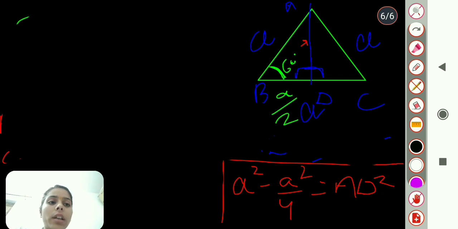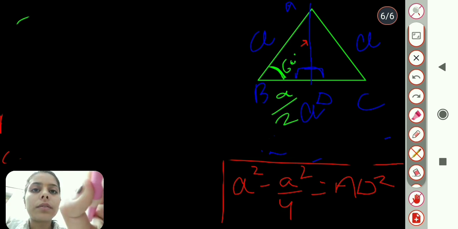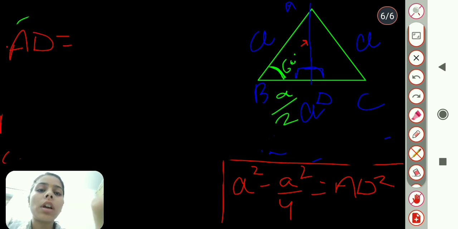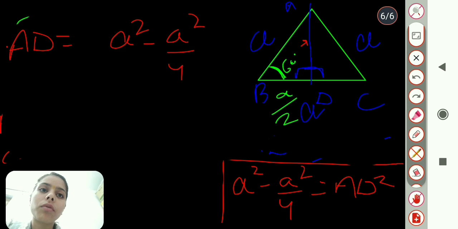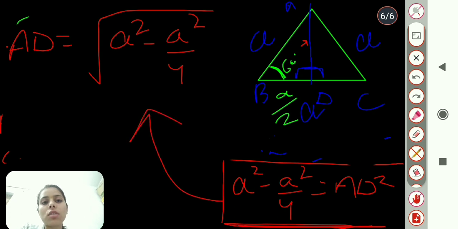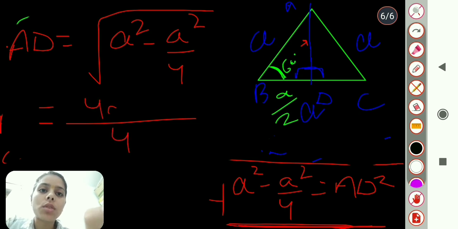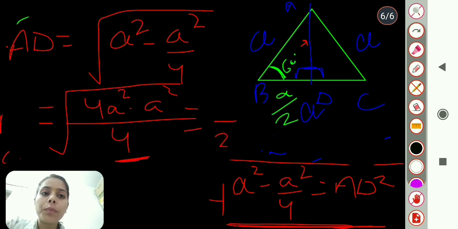Now we have AD square. The value of AD will be the square root of A square minus A square upon 4. If we apply square root on both sides of this equation, what will we get? If I take the LCM, A square minus A square upon 4 under root, the square root of 4 is 2, and 4A square minus A square will become 3A square under root.